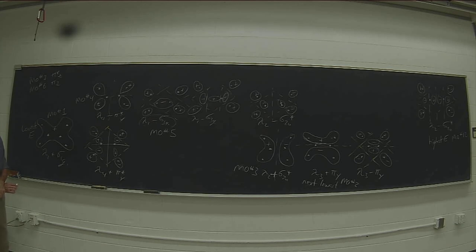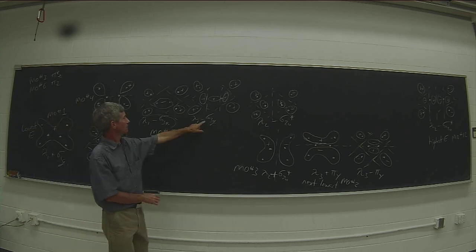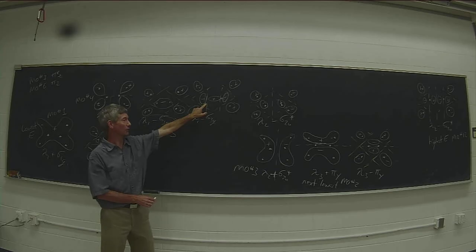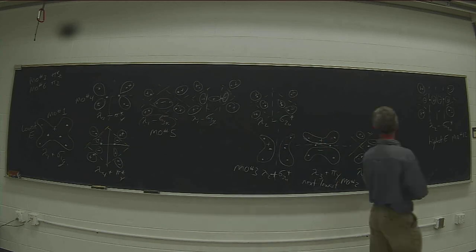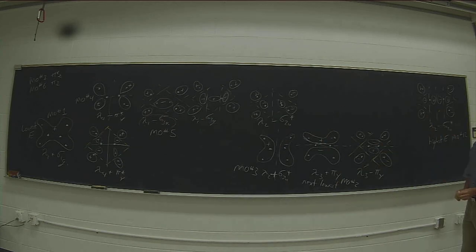The only other orbitals that have any bonding character at all are this one, which has some bonding character with respect to the carbon-carbon bond, even though it's anti-bonding with respect to all carbon-hydrogen bonds, and this one, which has some high bonding character with respect to the carbon-carbon bonds. So these two will be kind of the next lowest energy.